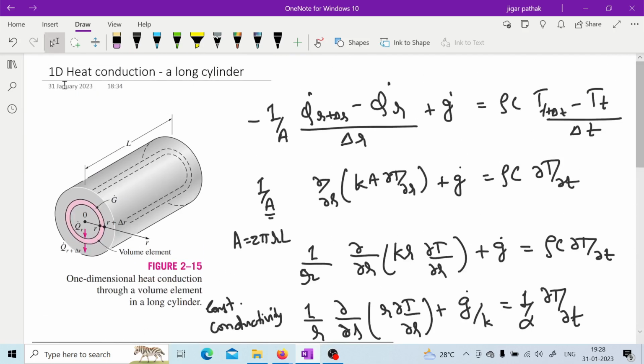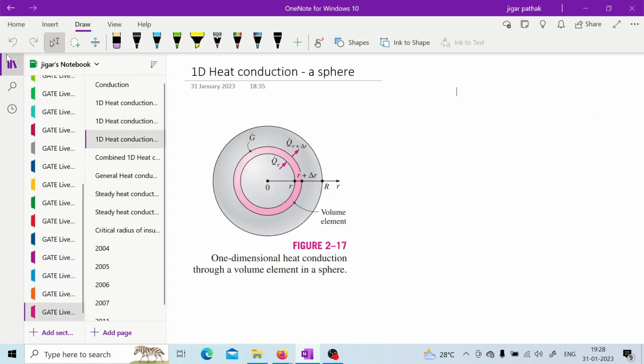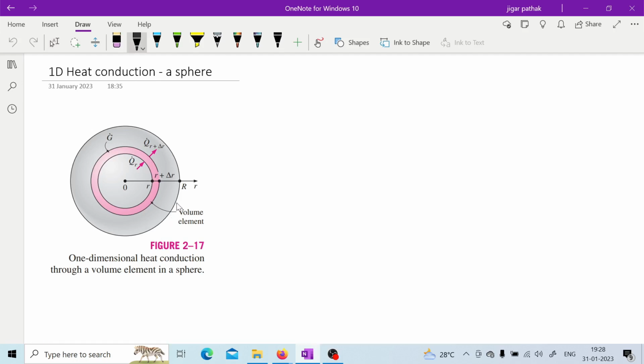As it is mentioned, for a long cylinder you can have this as 1D heat conduction equation. If you go for 1D heat conduction equation for a sphere, then your area will be 4 pi r square, right? So it is all similar only.